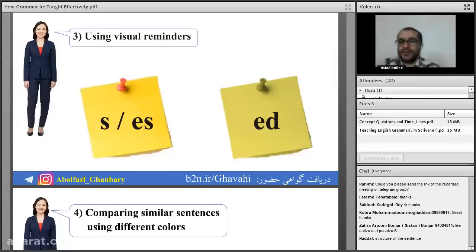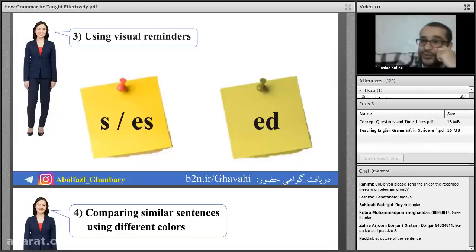Visual reminders. Imagine you're teaching S for the third person in simple present, or ED for the simple past. You can just write them on a piece of paper and stick them on a wall, and while using them, ask the learners to look at the wall and say the sentence. For example, I say that he go to school yesterday.